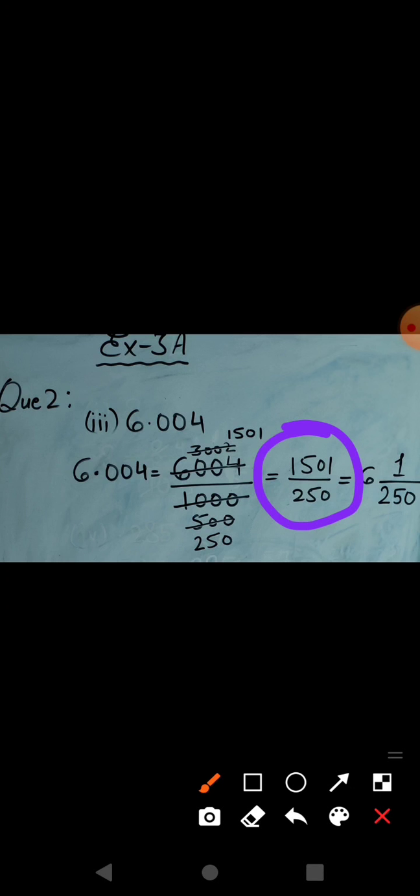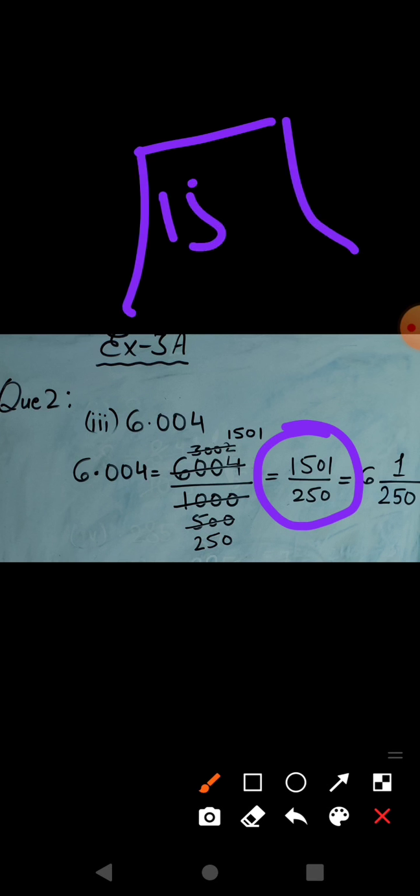1501 by 250. Now we will write this into mixed fraction. How? You will divide by 250. 1501 divided by 250. So we know that 250 6 times is 1500.